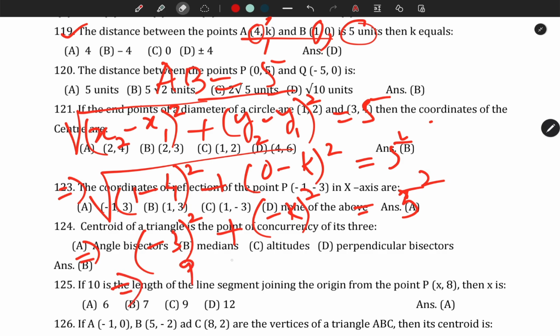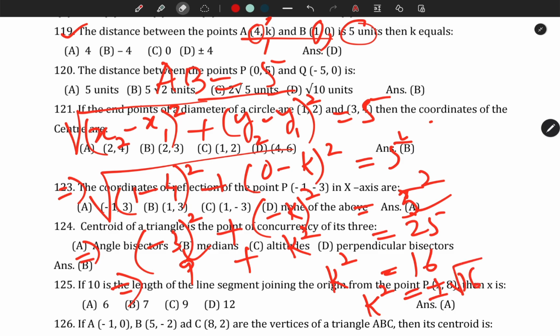Then here we'll get 9 plus k square, and 5 square makes 25. So k square will be 25 minus 9, which is 16. So k will be plus minus root over 16, which is plus minus 4.